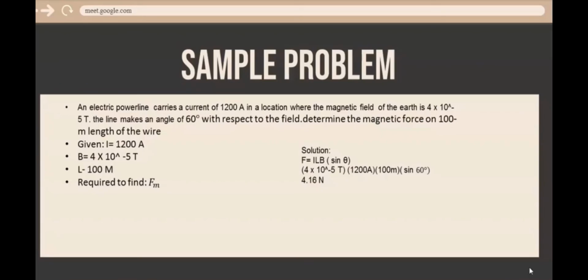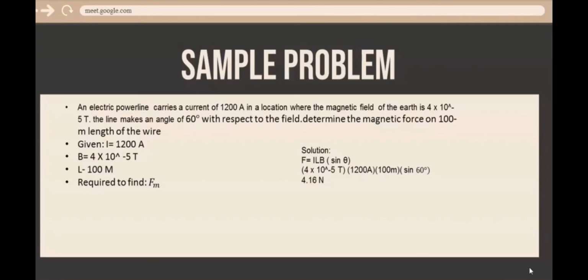Sample problem. An electric power line carries a current of 1,200 amperes in a location where the magnetic field of the earth is 4 times 10 to the power of negative 5 T. The line makes an angle of 60 degrees with respect to the field.